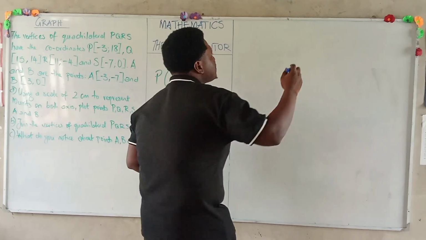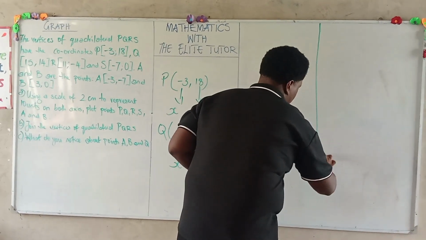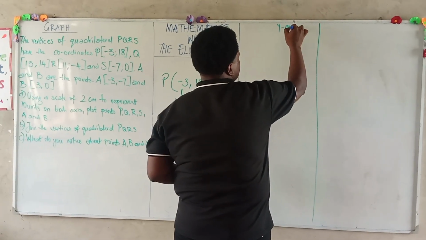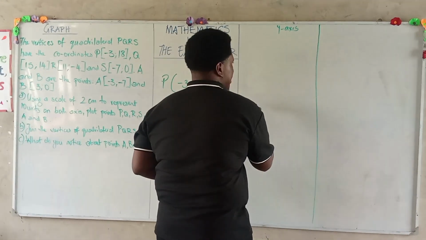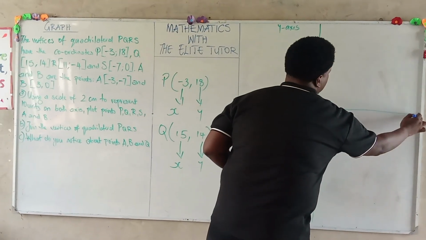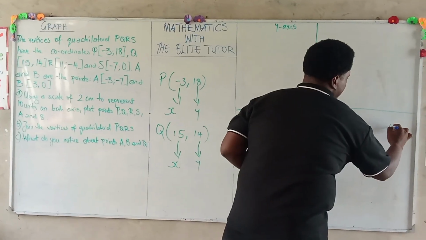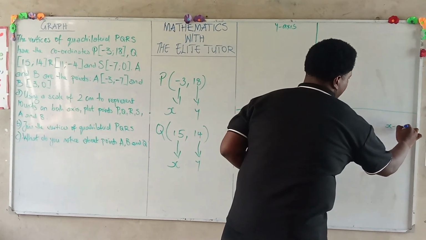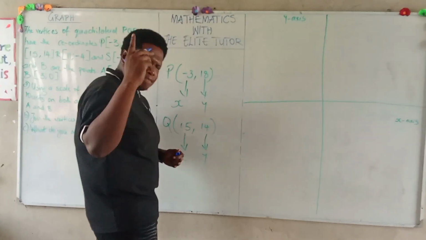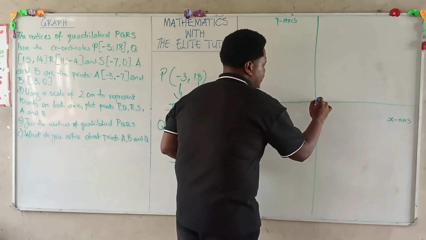So we have our vertical line, which is our y-axis, and we have our horizontal line, which is our x-axis. And don't forget, the intersection between your x and your y-axis is our point of origin.